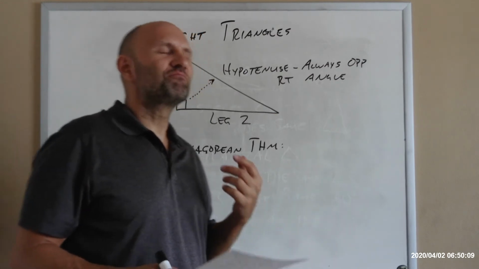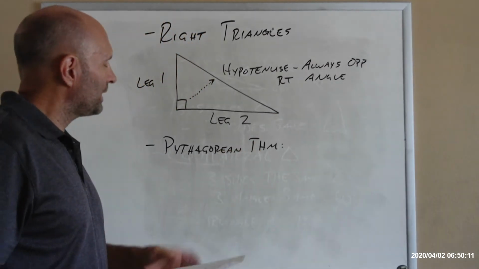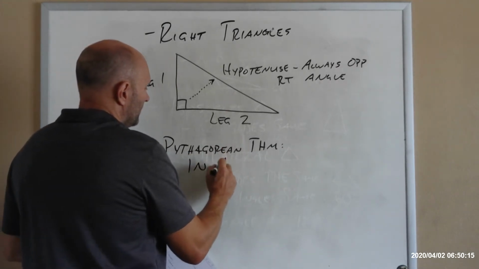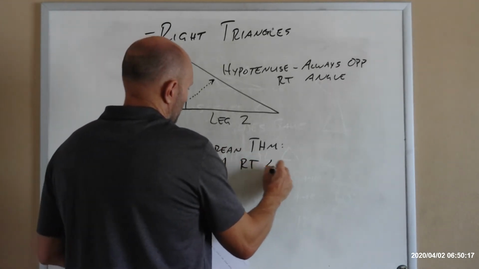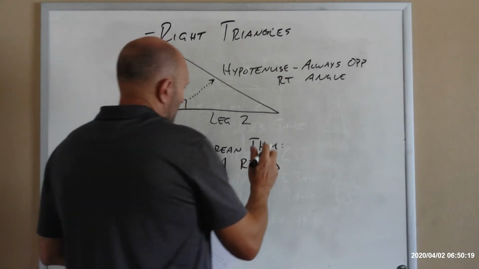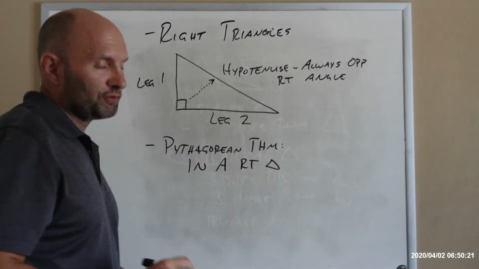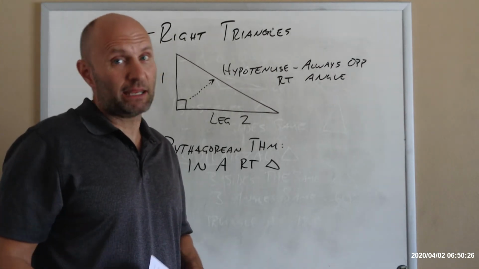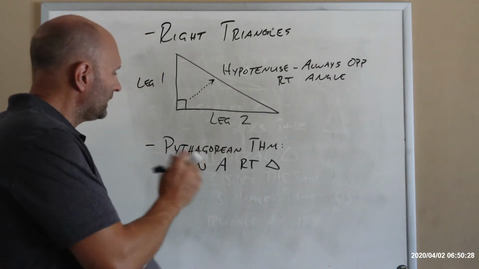And that's the formula, except we have to be careful about a few things. So first of all, it's in a right triangle. If it's not a right triangle, if it's just any triangle at all, a squared plus b squared does not equal c squared. Only in a right triangle.